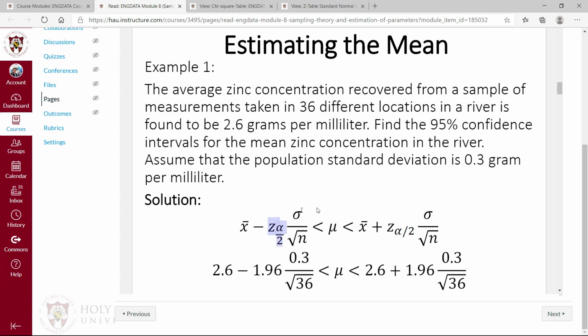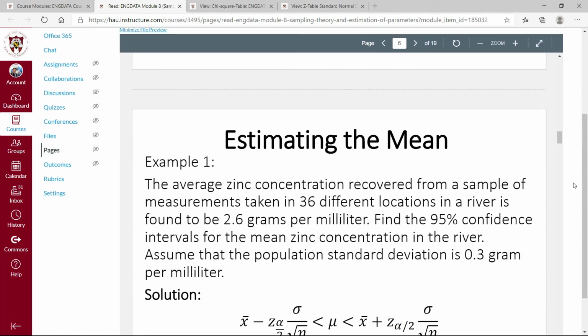For example, we have a 95% confidence interval. We subtract this from 100%, so 100% minus 95% gives us 5%. 5% represents alpha. 5% over 2 gives us 2.5%.